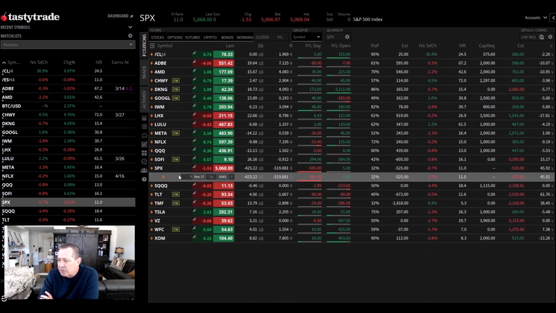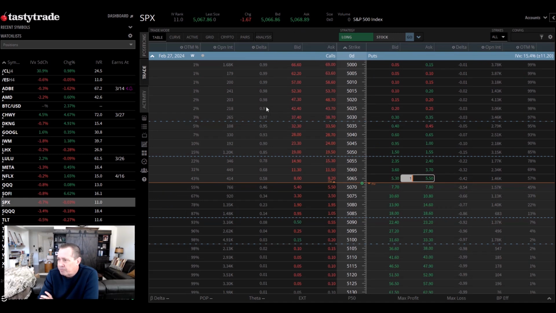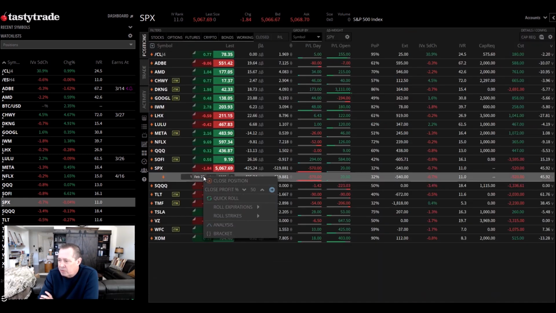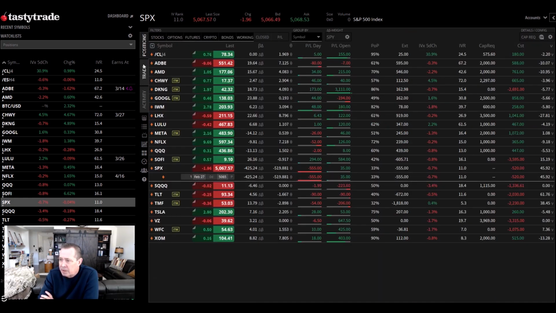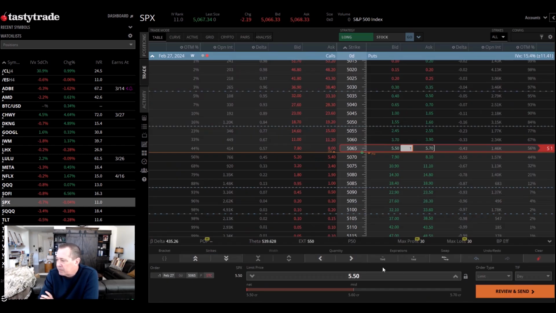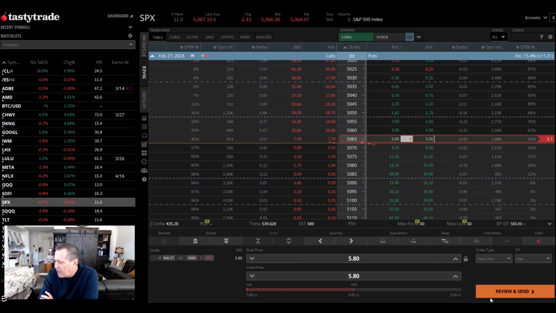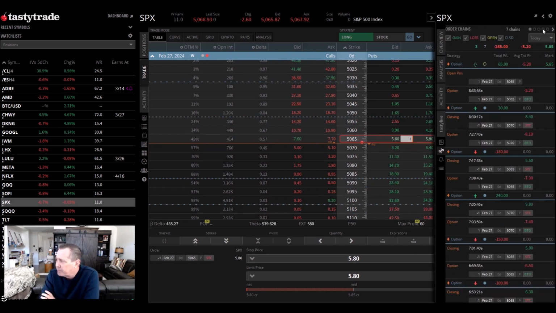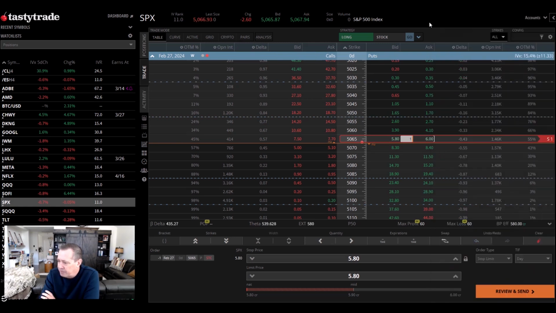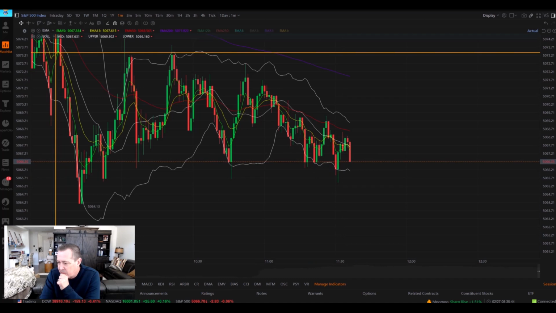So we'll look to close out this position. Actually, let's see. Yeah. So we'll want right click, close. We'll do a stop limit. We have 520, so we'll move that up if we get a run. And it looks like we've got a little bit of one down. There we go.